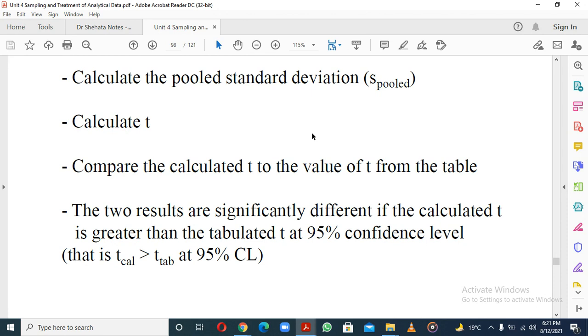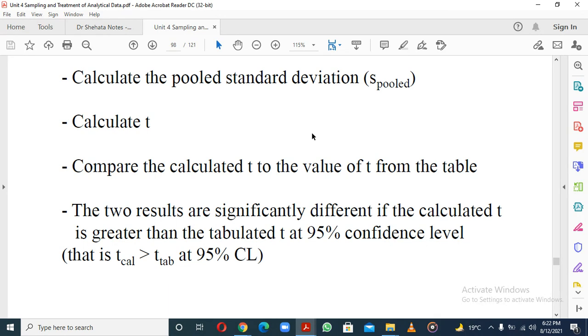So what then happens is, when we've calculated the t, we go to the t-test table and see, just follow me, how the t value that we've calculated compares with the t value that is at 95% confidence level.